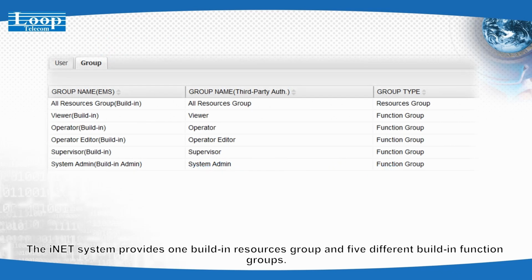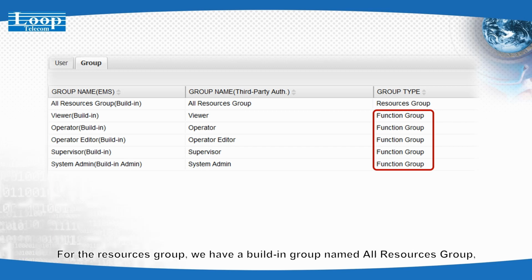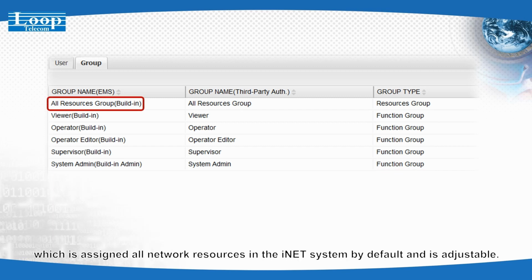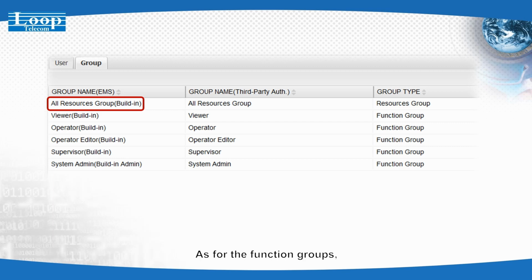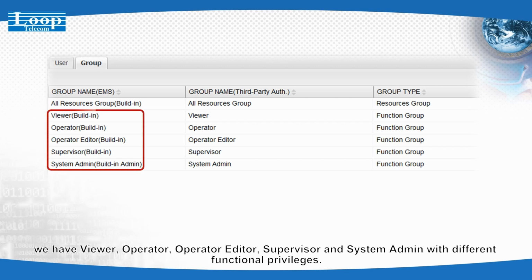The iNet system provides one built-in resources group and 5 different built-in function groups. For the resources group, we have a built-in group named All Resources Group, which is assigned all network resources in the iNet system by default and is adjustable. As for the function groups, we have Viewer, Operator, Operator Editor, Supervisor, and System Admin with different functional privileges.